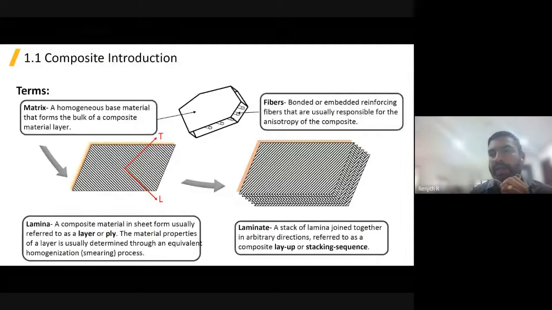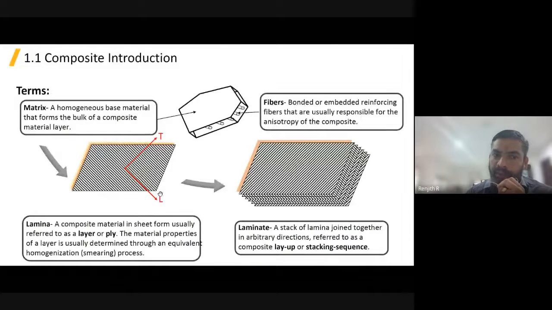The actual manufacturing process is also similar to this. First, we create the lamina, then we create the laminate by some techniques like hand layup or pultrusion. The same approach is followed for the property calculations.